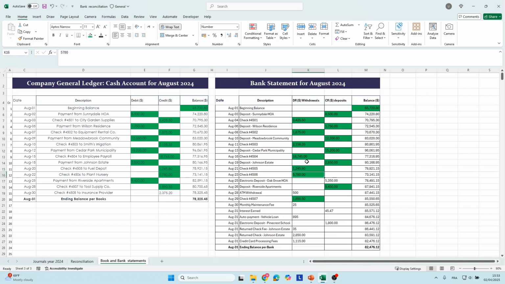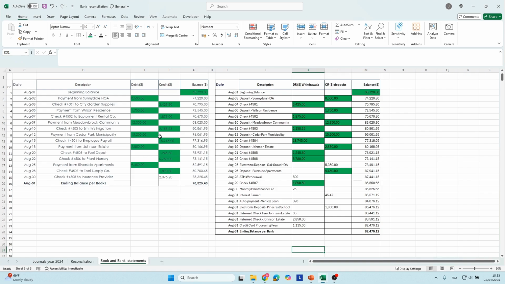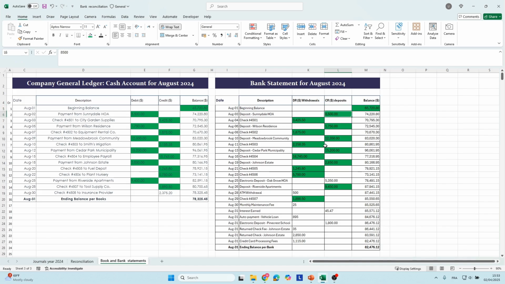And on the other side, you see that some transactions are shown in the bank, but not yet booked in our account. So let's start by adjusting the bank statement. You see that there is an amount of 2,375 that was issued.